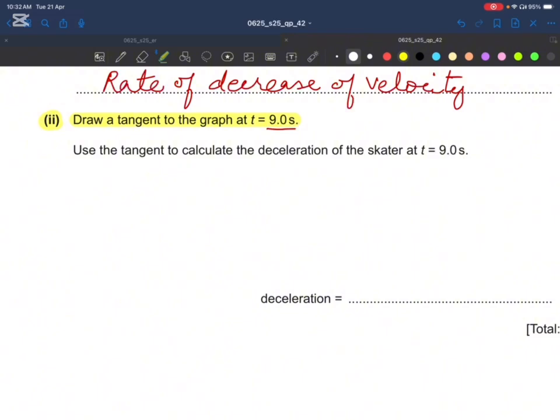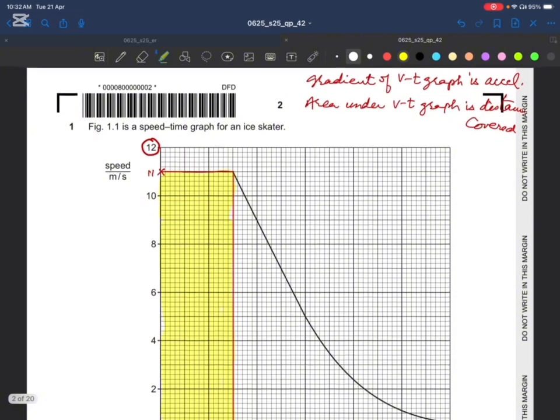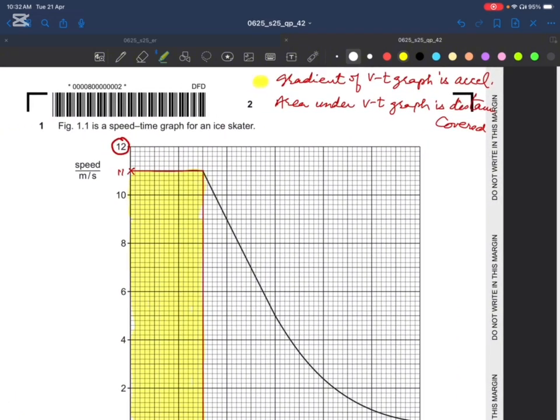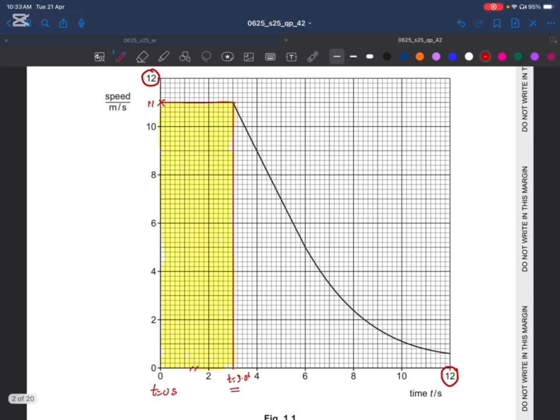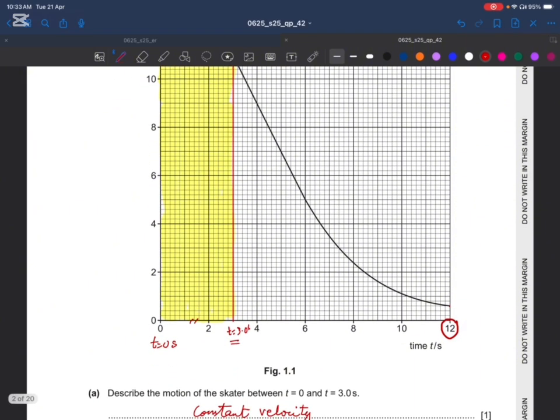So as we have already discussed this point, that when you will talk about the velocity time graph, the gradient or tangent at one point, in this case obviously, as you can see that the gradient is not same throughout, so they have mentioned what time they want to know the deceleration. So here they are asking for 9 second. So 9 second is here.